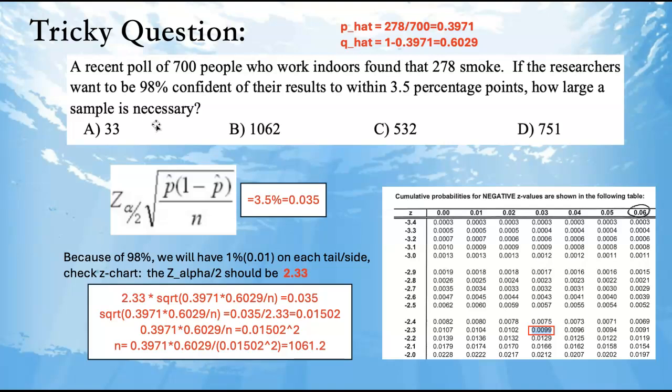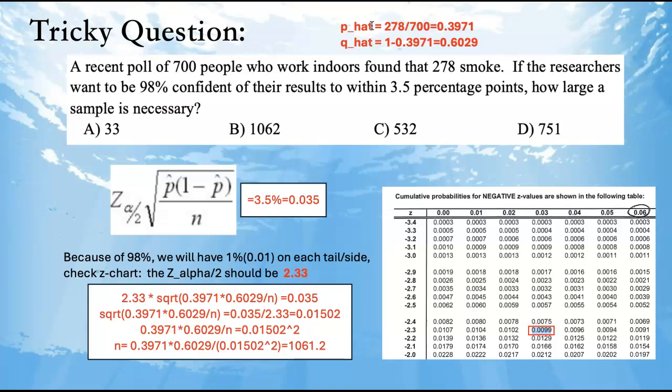So this question here: a recent poll of 700 people who work indoors found that 278 smoke. Based on that sentence, we know there's a proportion we can calculate here. Usually it's the p hat. Hat usually refers to some estimation, and most of the time to a sample estimation.